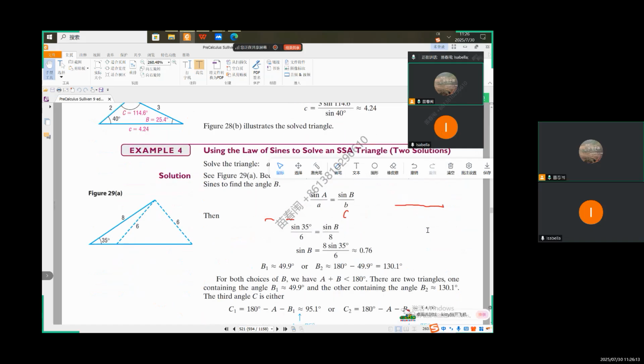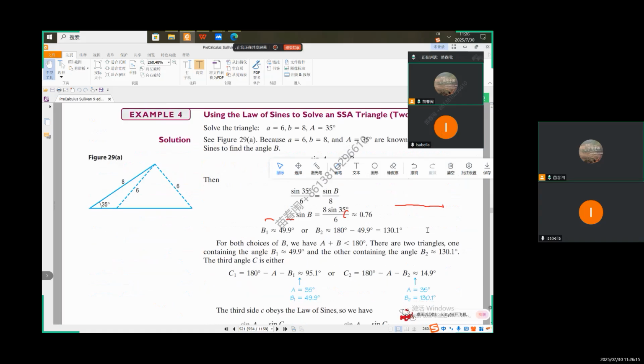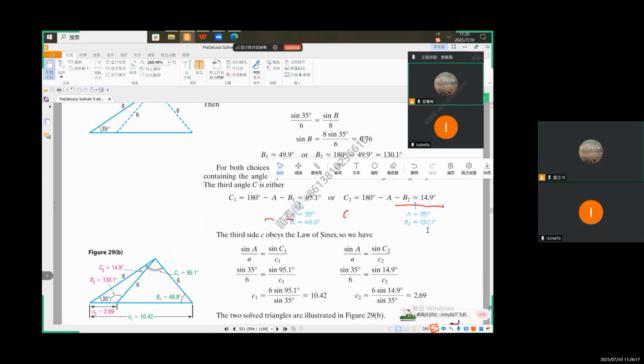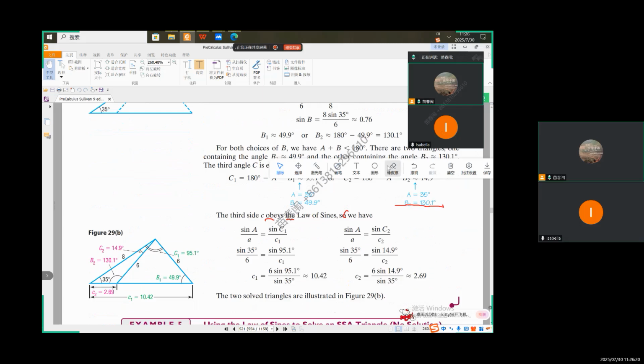Two solutions, because you have sine positive, you have two solutions, between 0 and 180. Eventually they draw the complete one. See, this is one possibility, and that's the other possibility.